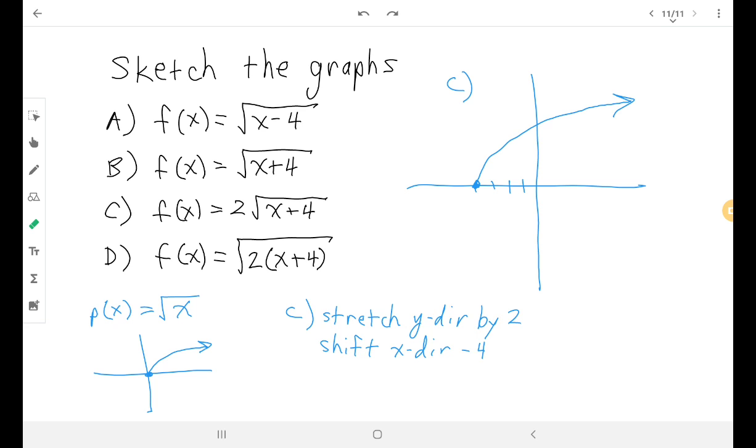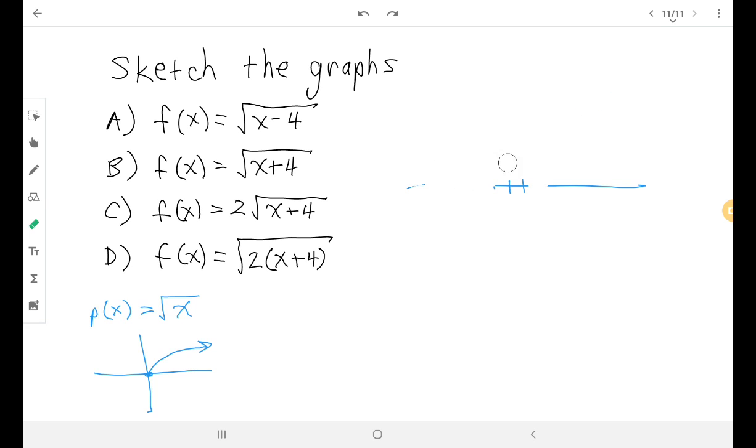And let's get rid of these and look at D. Talk about what happens at D. Again, you might see that we've got a stretch or shrink. That is a dilation. So for D, we've got a stretch or shrink right here. Multiplication is what gives you stretching and shrinking. This time, it's grouped inside with the x. So this is in the x direction. Things happen the opposite of what you expect in the x direction.